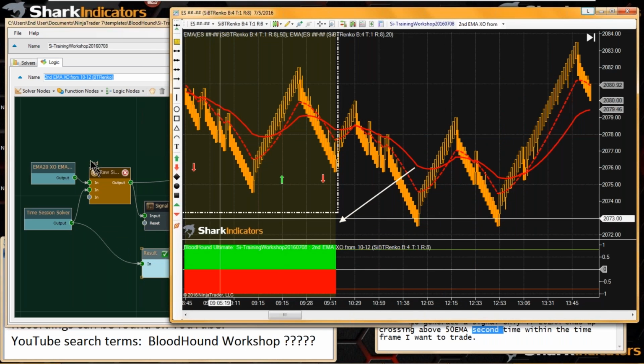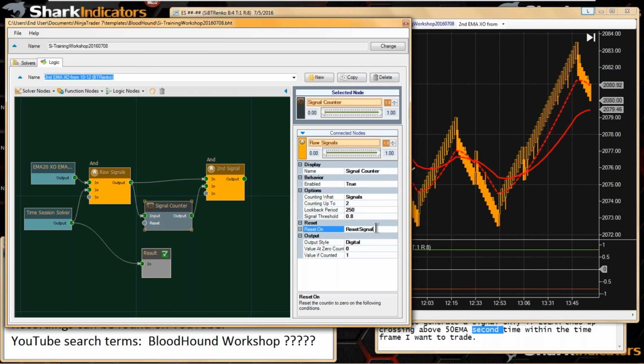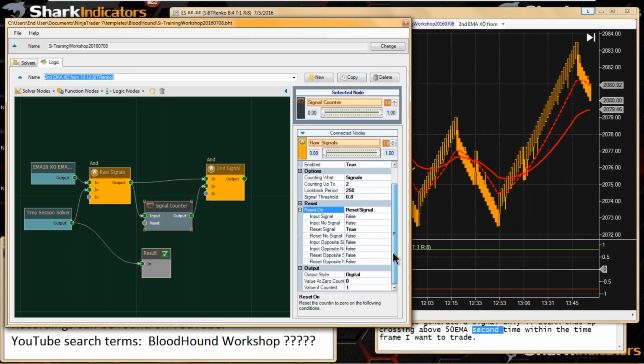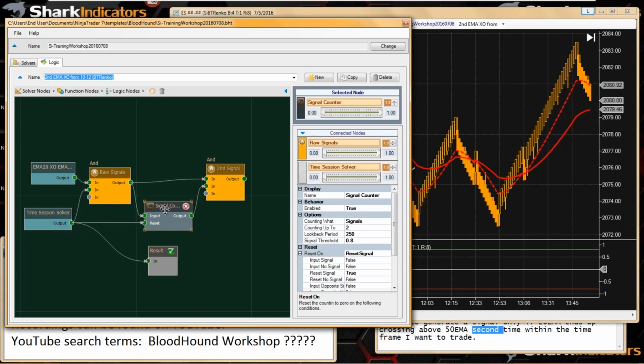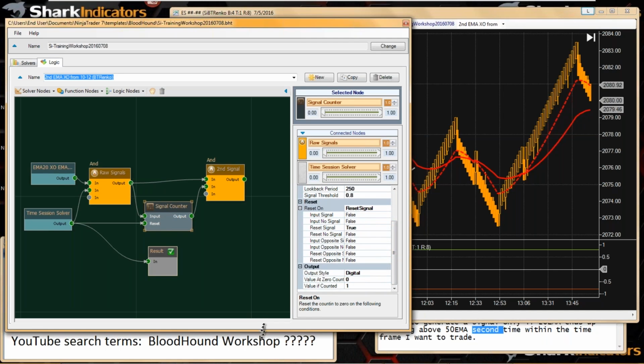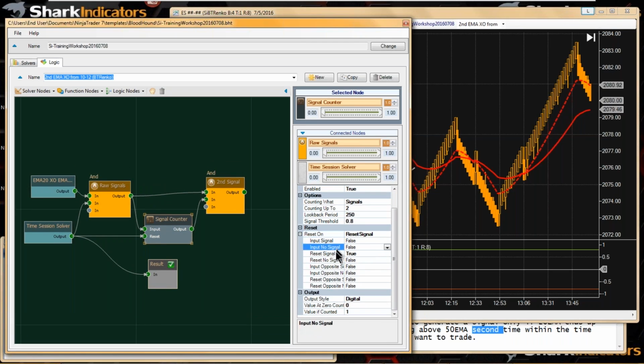So we're going to take the time solver and connect it into the reset. And next we need to figure out which of these reset functions we need to use. Which of these should we be using here?